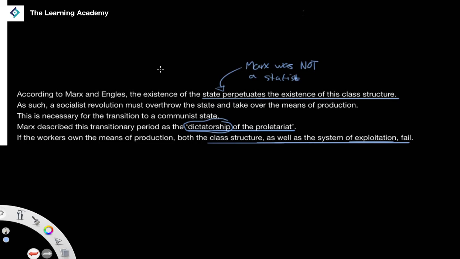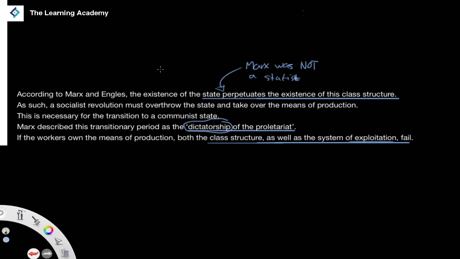While Marx didn't delineate between socialism and communism, he mainly just used the word communism, and only really ever used the word socialism when critiquing utopian socialists, for example. We have a transition period into a so-called communist state, whereby we have what Marx described as a dictatorship of the proletariat.